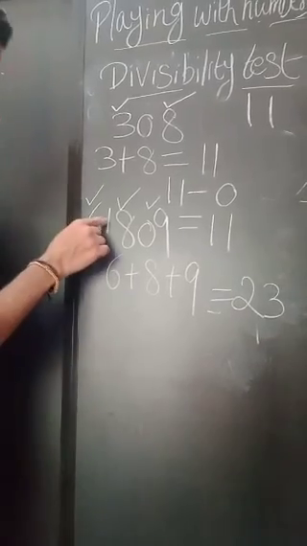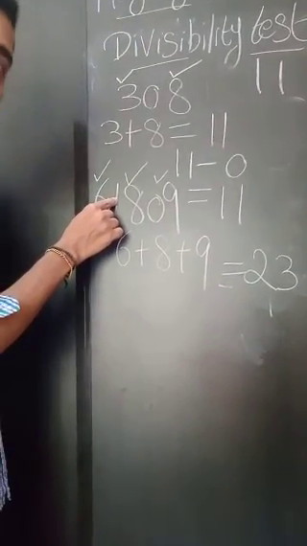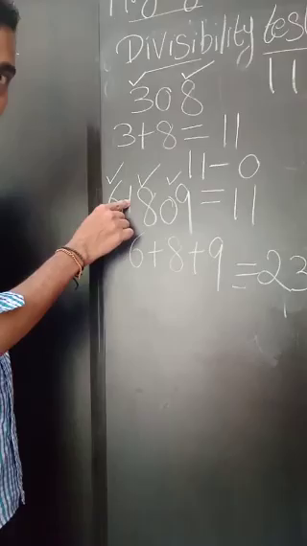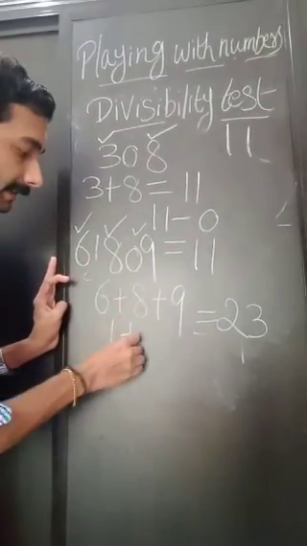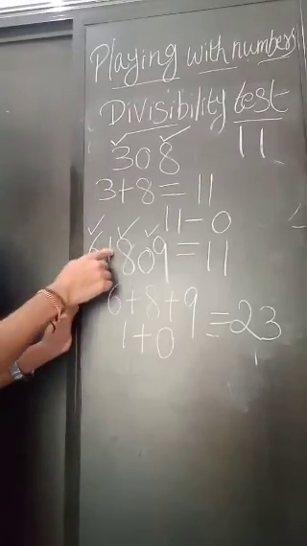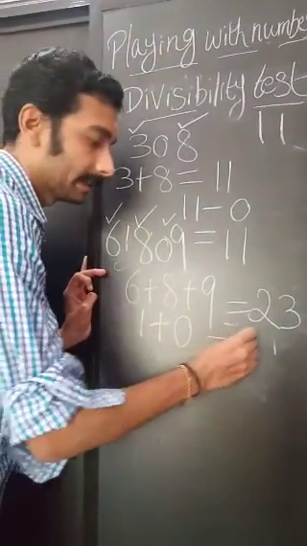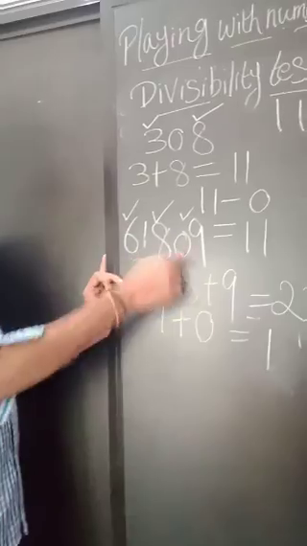Then the digits at even places, 1 and 0. 1 plus 0 is 1.